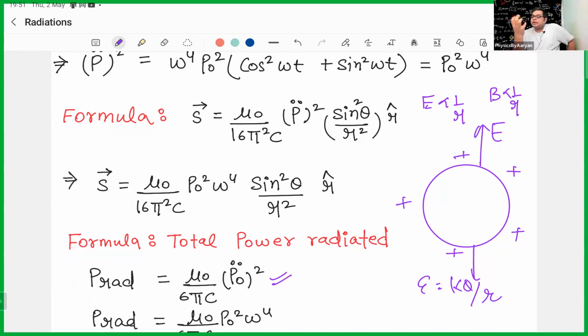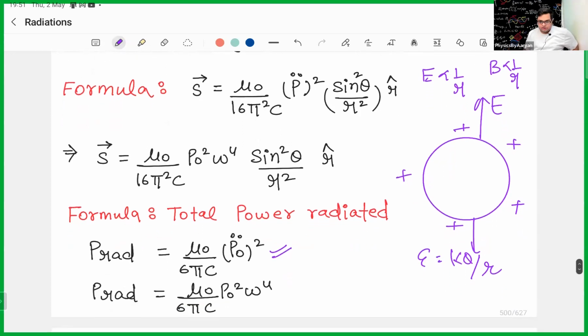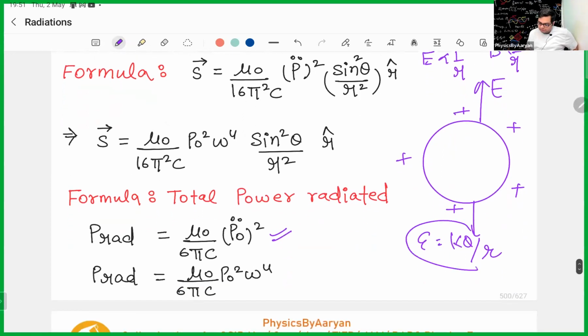In an EM wave, when you emit, it may or may not be a loss of energy for the source. But in radiation, when the radiation is being emitted, it is the result of loss of energy for the source. The source will lose its energy and give it to the radiation. That is the core difference. Whenever you see the electric field is 1 by r, the source will lose its energy and give it to the radiation.